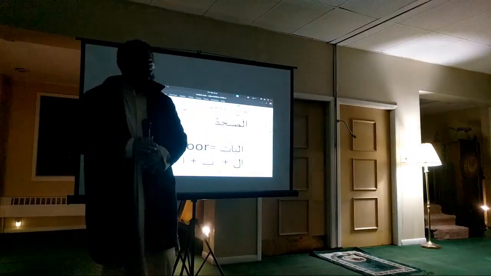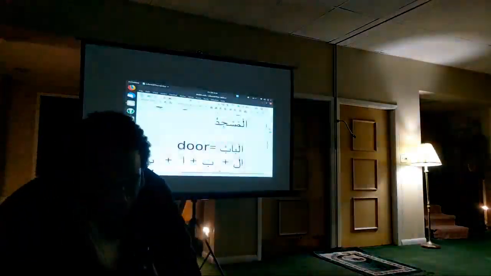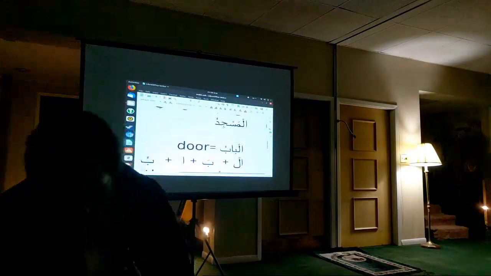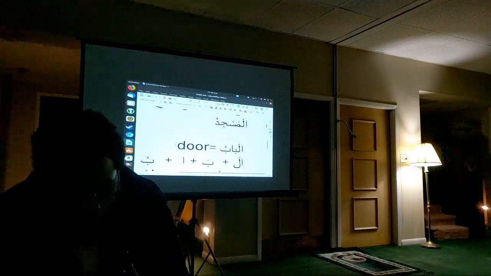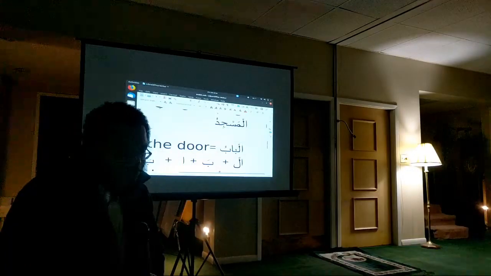Even though it says door here, I should really fix that and put "the door" so no one will be confused. This is the problem when you write in both Arabic and English.